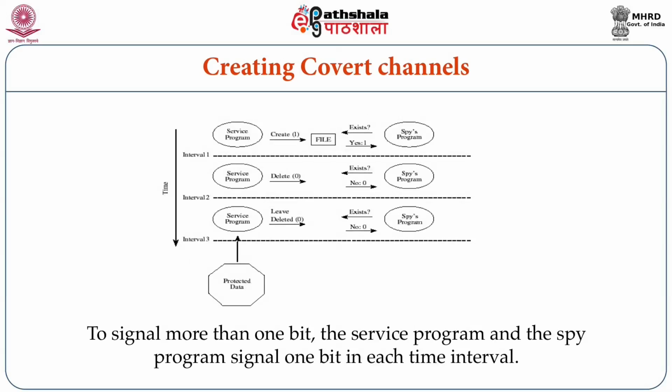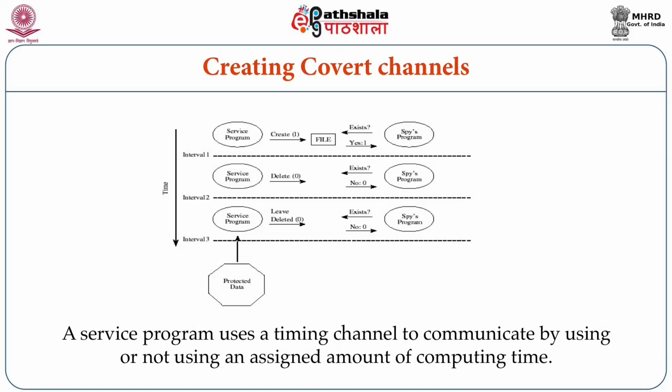To signal more than 1 bit, the service program and spy program signal 1 bit in each time interval. So you can see in time interval 1, time interval 2 and time interval 3, a service program using a timing channel to communicate by using or not using an assigned amount of computing time.